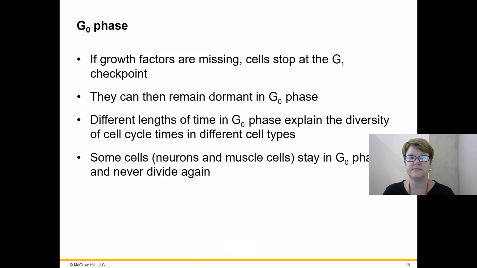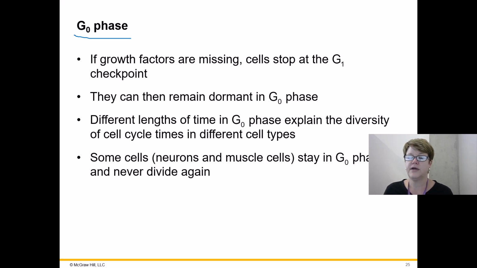So that's the visual of those three checkpoints. I mentioned that G0 is the phase that the cell can go into, and it's considered an off-ramp from G1. If the cell is not going to be dividing, if it doesn't get the growth factor signals that are required, the cell will stop and go into G0. It says dormant, which just means not a dividing cell anymore. The cell is still living, still doing cell respiration, still moving proteins and making things, but it's not actively in a cell cycle.